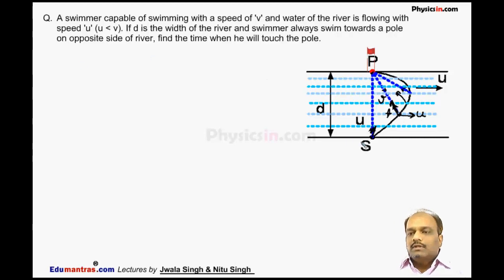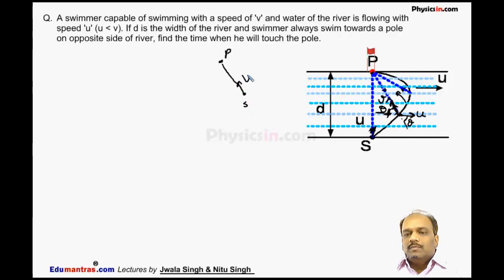Now if I say this angle is theta, let the horizontal axis make an angle theta. This angle is theta. So I can say the rate of change of distance. This is swimmer A, this is pole, and this is swimmer.